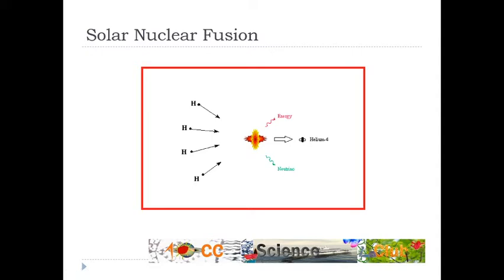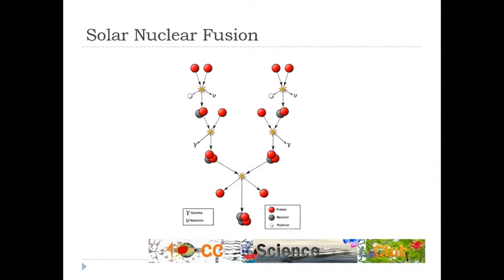That is one way of saying it, but in fact, it has been found to be a series of processes. The red balls here are protons, the gray balls are neutrons, and these are positrons. Two protons, or two hydrogen atoms, come together to form one neutron and one proton, which is still hydrogen.